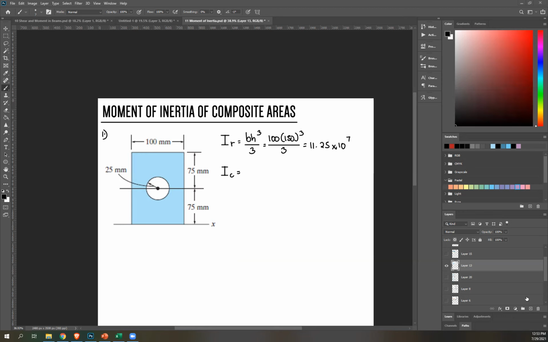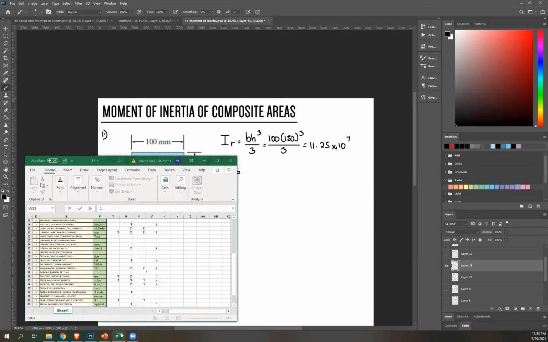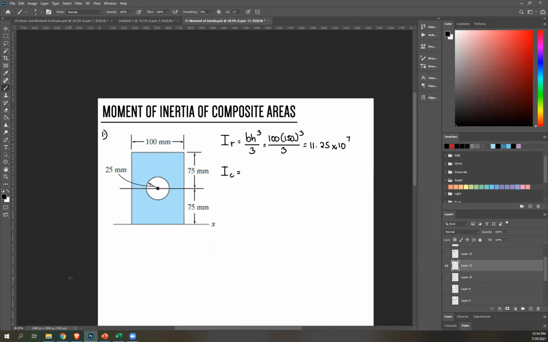So correct, Marilyn, Colin, and Buena. I'll give you all points. So correct, it's pi r raised to 4 over 4. So that's for a centroidal axis.